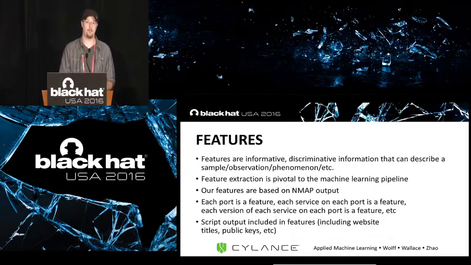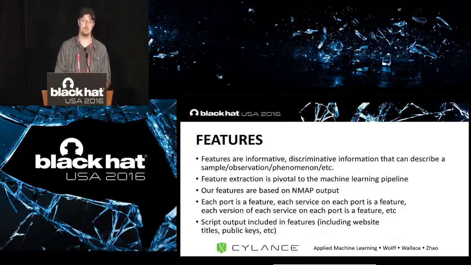Essentially what features are, they're pieces of information that we pull out in order to feed into the machine learning model. So this is information like how large something is, or how many ports are open, or if TCP/80 is open. Just kind of information that's either binary or a floating point number.